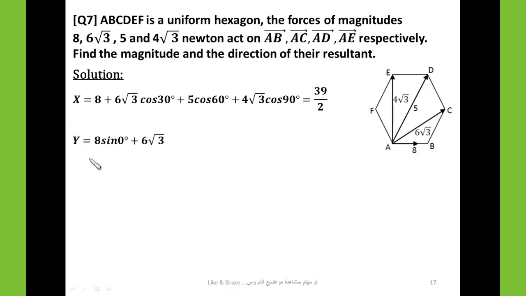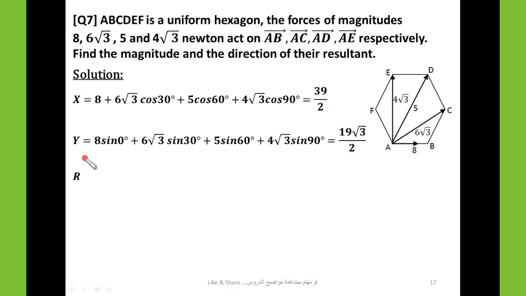And y equals 8 sine 0 plus 6 root 3 sine 30 plus 5 sine 60 plus 4 root 3 sine 90, which equal 19 root 3 over 2.